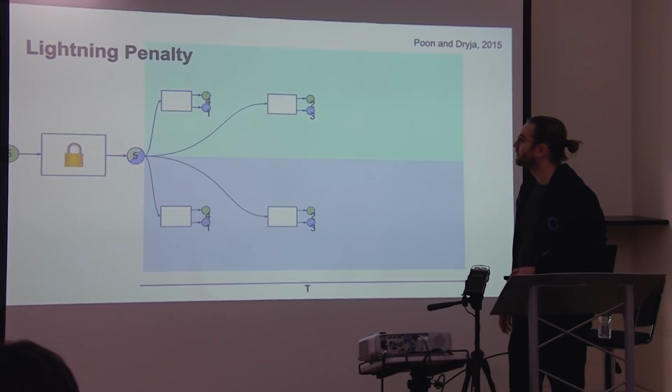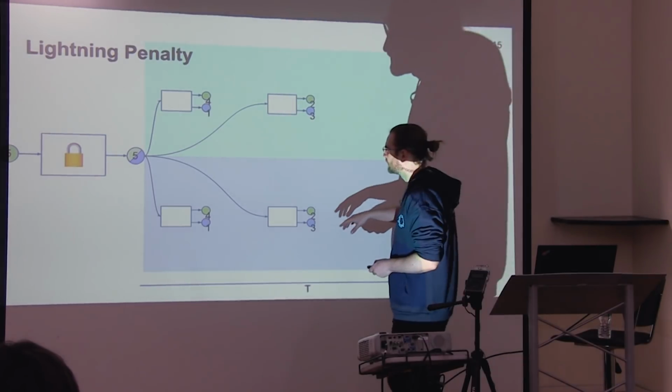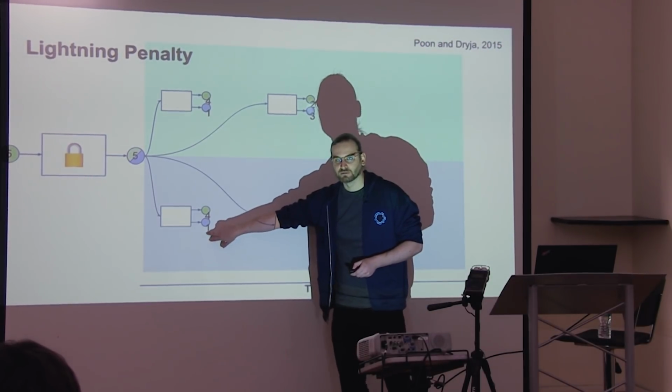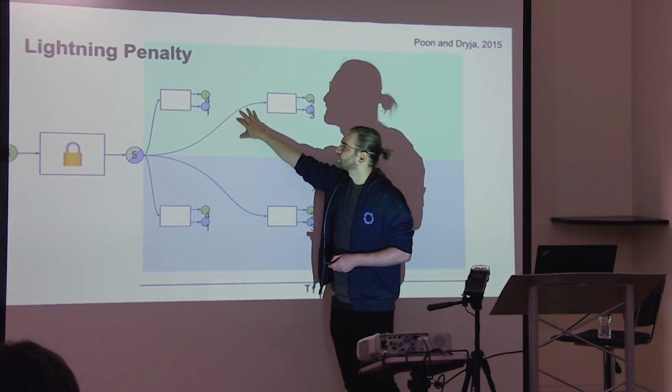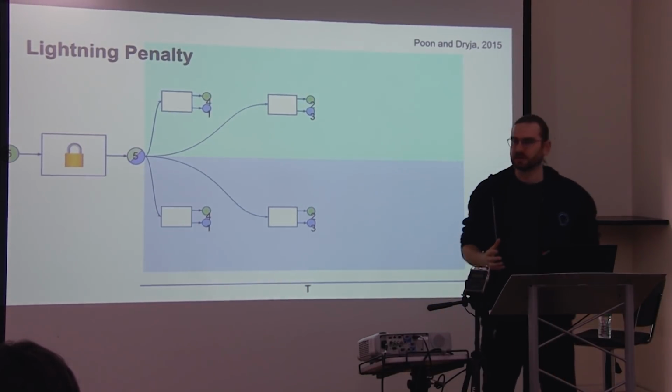So as I mentioned before, the outputs that are known by the blue participant and go to the blue participant, or the green participant and go to the green participant, are encumbered a little bit.